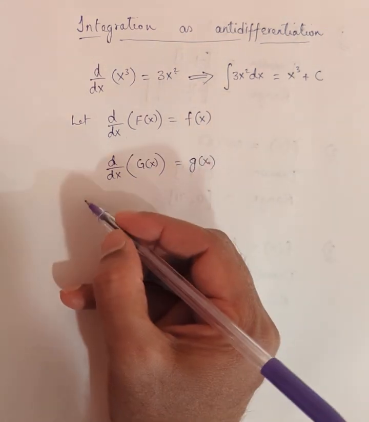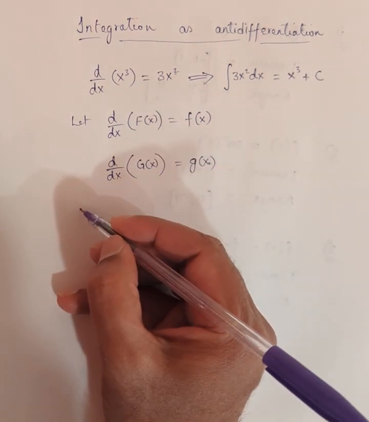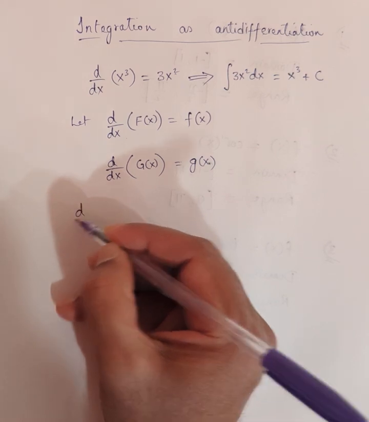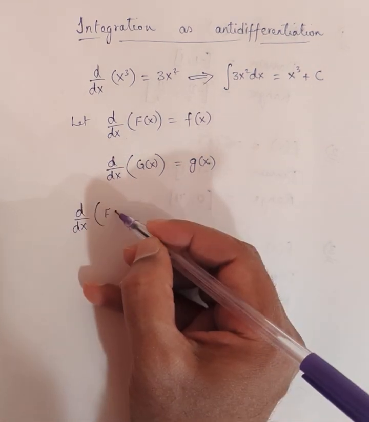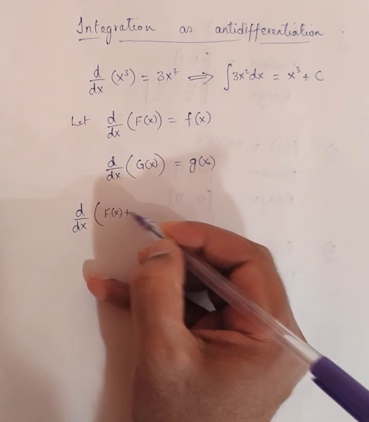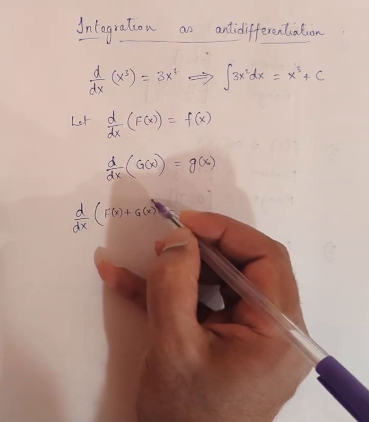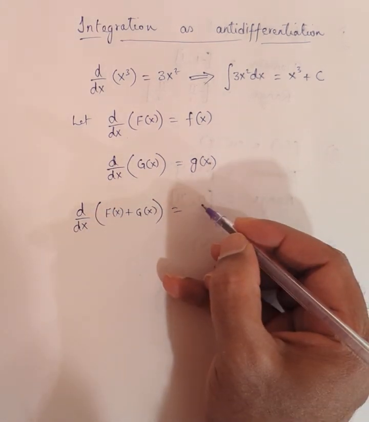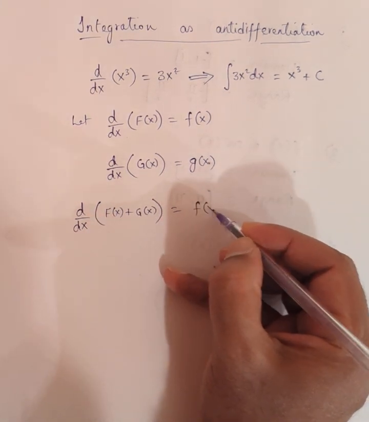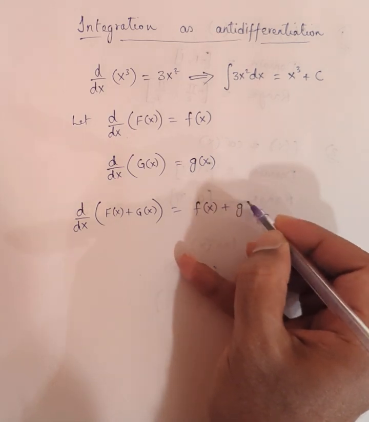Now notice, if you have to differentiate the sum of f plus g of x, so f of x plus g of x, this is simply the derivative of f plus the derivative of g. So that's going to be simply lowercase f of x plus lowercase g of x.